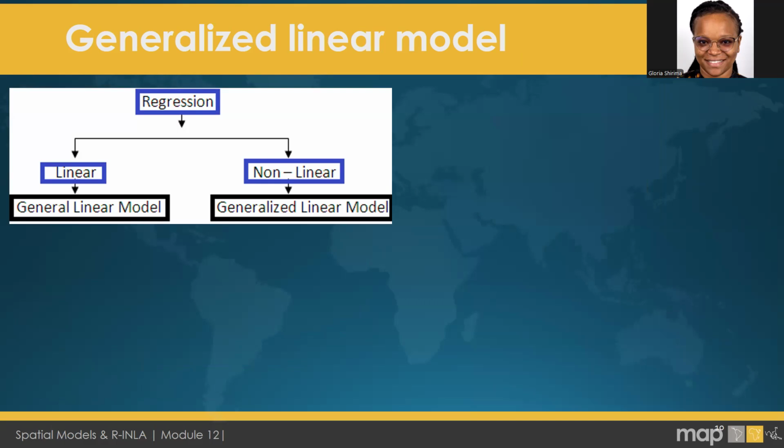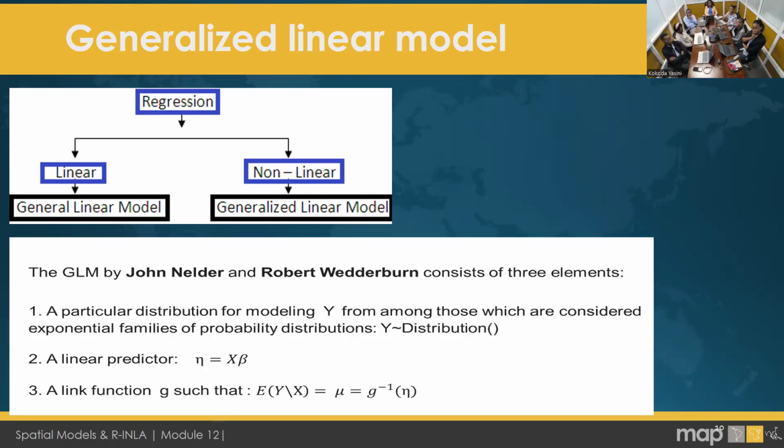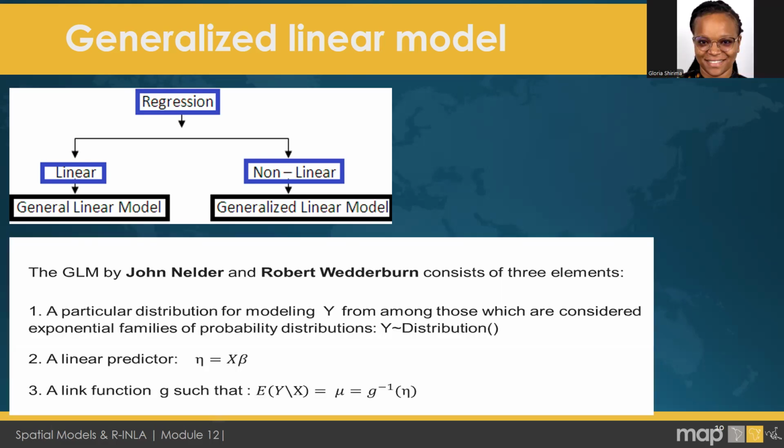So if your variables are not normally distributed, what else can you do? What kind of models can you apply? That's when we come to generalized linear models. When we have nonlinear data which are not normally distributed, then we use generalized linear models and not just the general linear models.